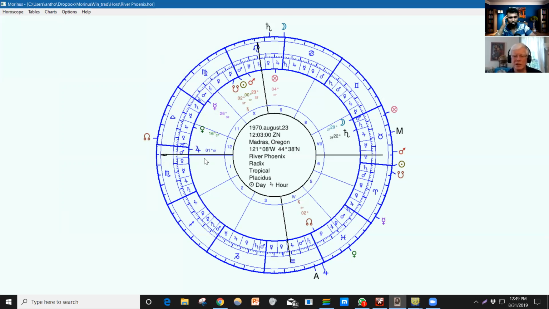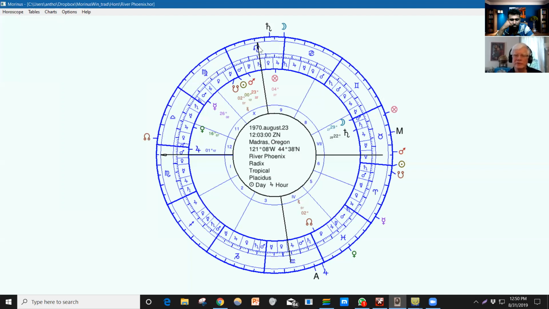So I know that the planets in here have risen in the first 2 planetary hours after birth, the planets in here have risen in the 3rd or 4th planetary hours after birth, and the planets here in the 5th or 6th planetary hours after birth, and then there's the culmination.